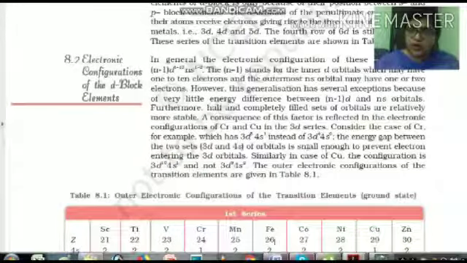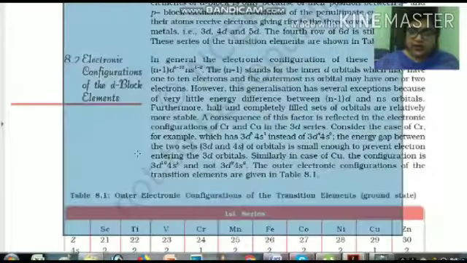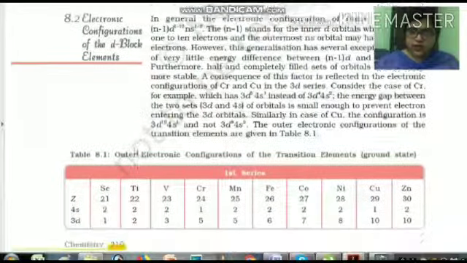So instead of 3d4 4s2, chromium has 3d5 4s1. In case of copper, atomic number 29, it has 3d10 4s1 instead of 3d9 4s2. So this is the electronic configuration that you have to see here.